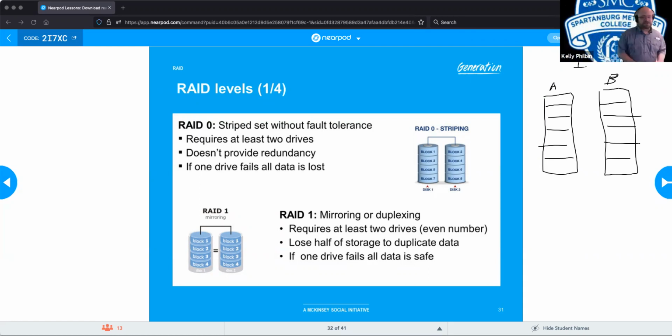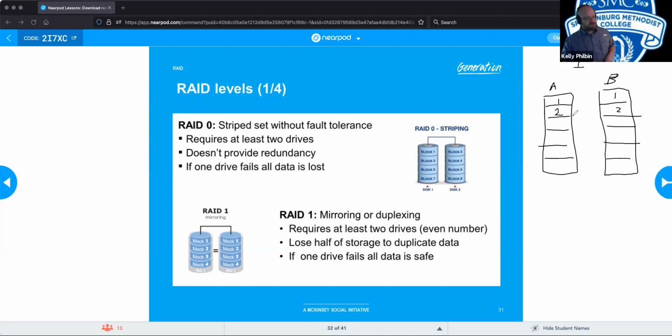It might be a little bit slower, but the main thing you gain in this is redundancy. So you have a minimum of 2 drives, and the data is mirrored from one drive to the other. So bit 1 would go here, they would duplicate bit 1 over here. Bit 2 would go here, duplicate bit 2 over here, and so on and so forth. So drive B would be an exact mirror of drive A.